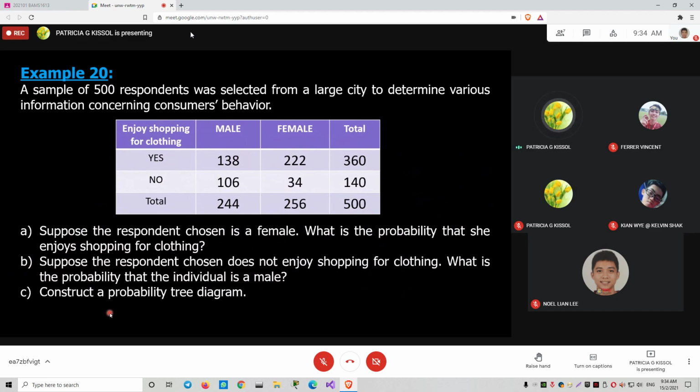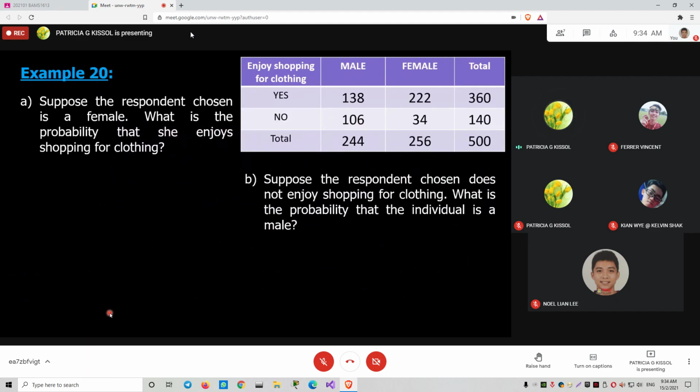So let's look at the solution based on the contingency table that has been provided. We want to find out the respondent is a female, so basically we want the probability that she enjoys shopping for clothing. That means probability of yes, given that the person is a female.